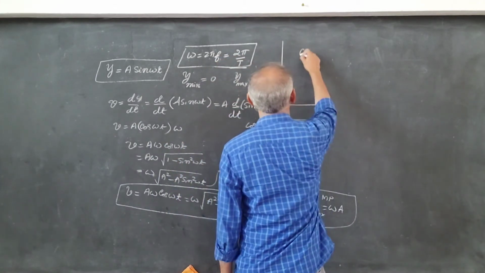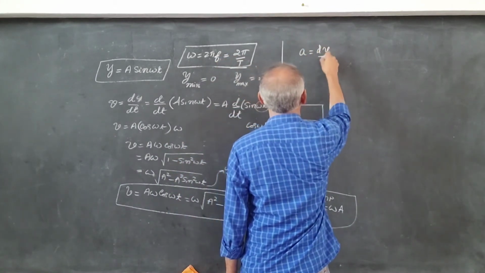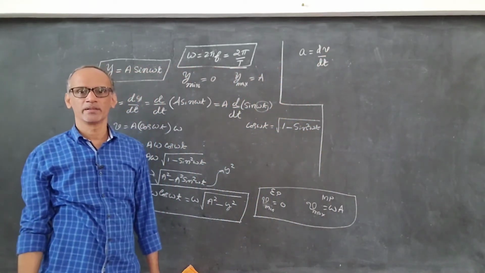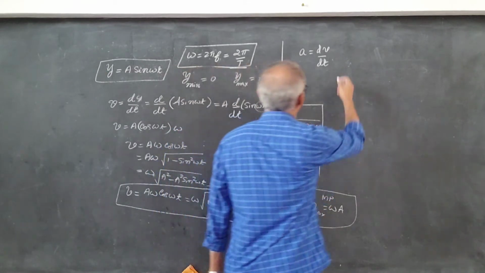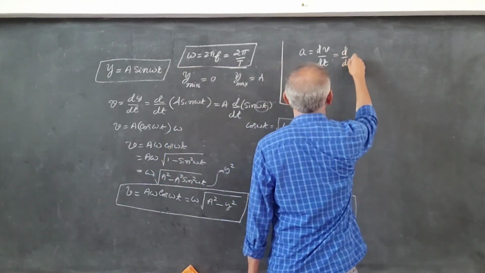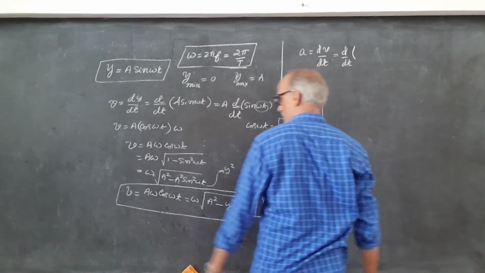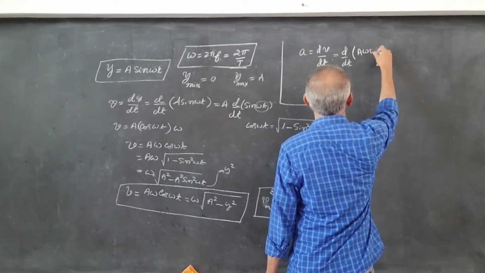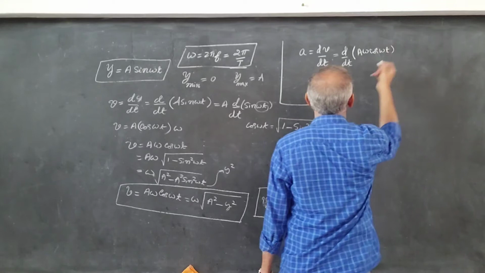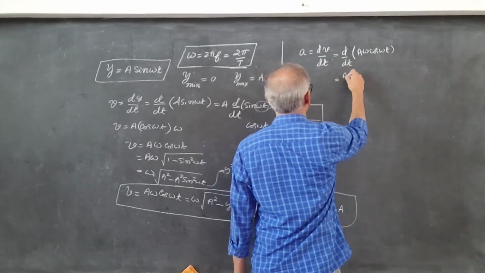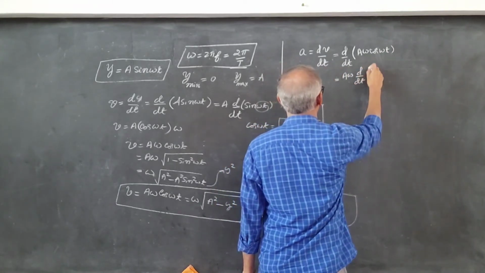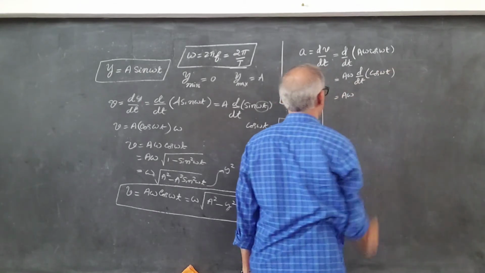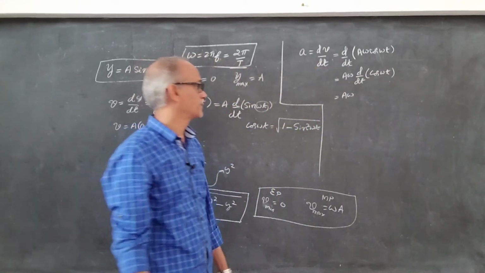So how to find the acceleration? Acceleration is the rate of change of velocity, dv by dt. That is, differentiate the velocity. So velocity is a omega cos omega t. So a omega is a constant, so we get a omega times d by dt of cos omega t. Differentiation of cos x is minus sin x.